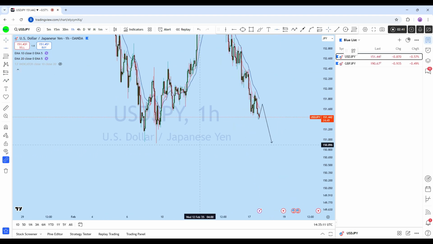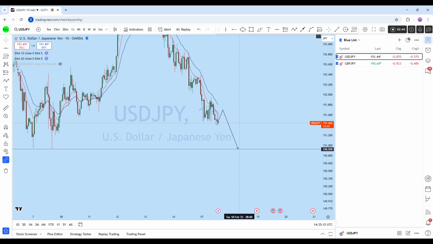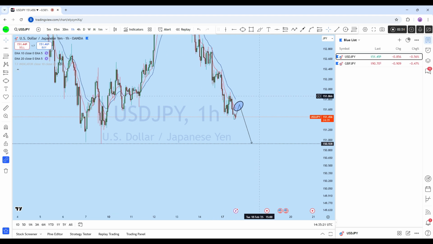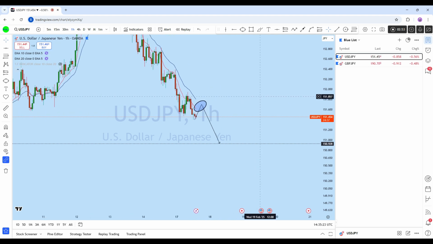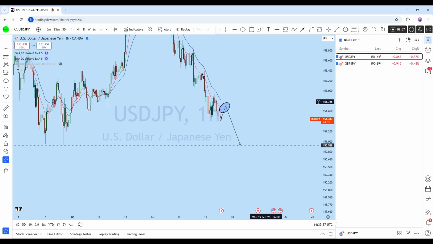We can see the market coming back to that support to create a new lower low. So on the lower time frame, as soon as you find a suitable entry after a strong liquidity grab or after bearish price action, we will be looking for a selling opportunity again on dollar yen.